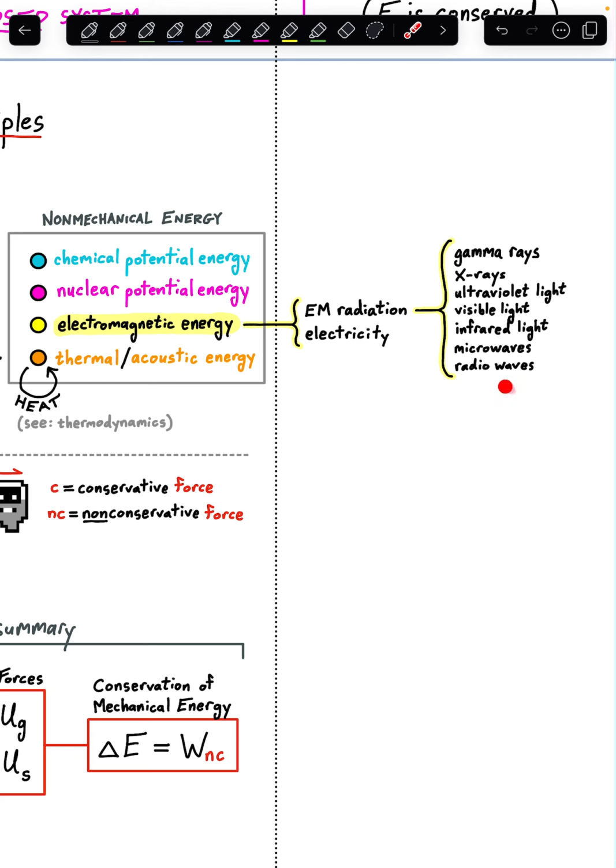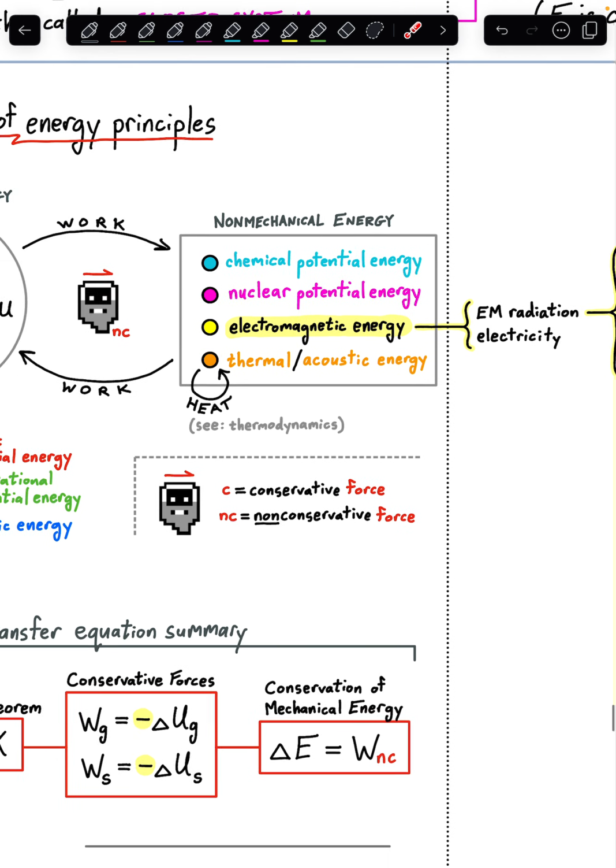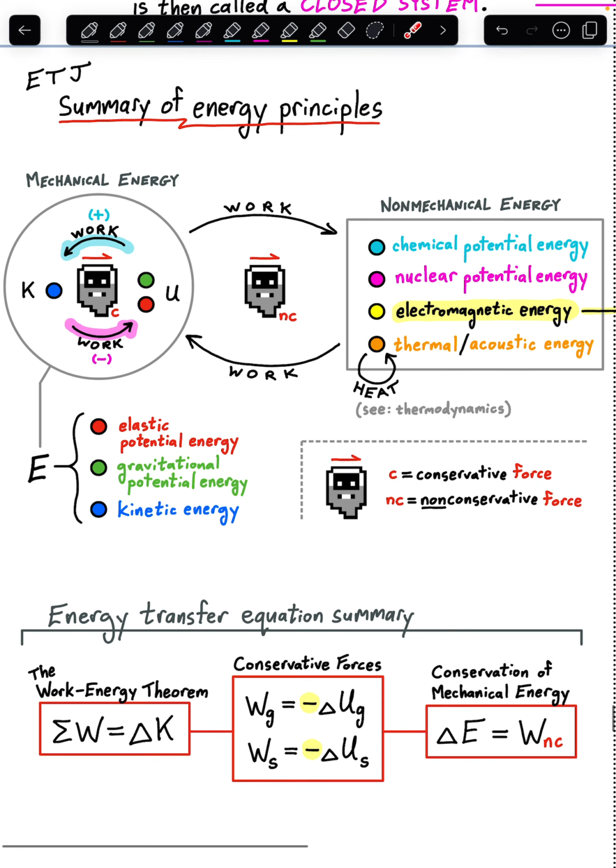It's just that our eyes can only see a narrow portion of that spectrum, the part we call visible light. But visible light is not fundamentally different from these other kinds of light, the higher energy light that we cannot see and the lower energy light that we cannot see. These are all forms of electromagnetic radiation, and along with electricity, these are essentially forms of electromagnetic energy. Let's end here on our summary.